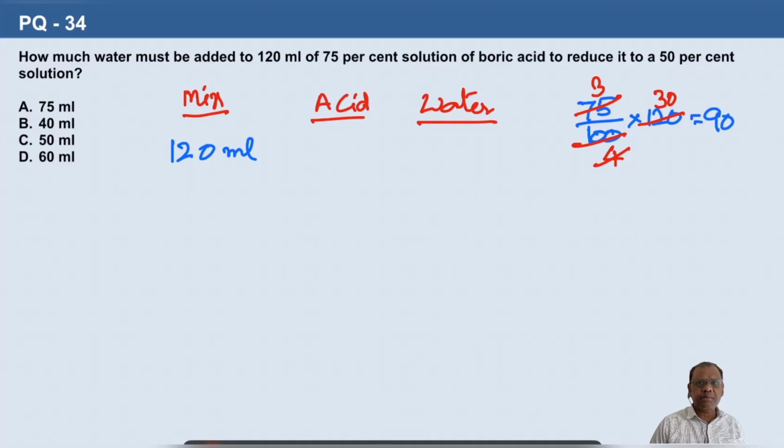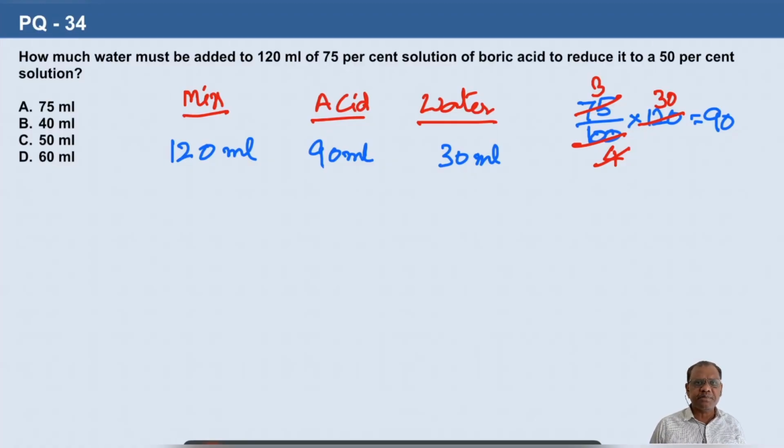So 90 ml is acid. Remaining is water. 120 minus 90, 30 ml. 30 ml is water. So we have to add water so that it becomes a 50% solution.